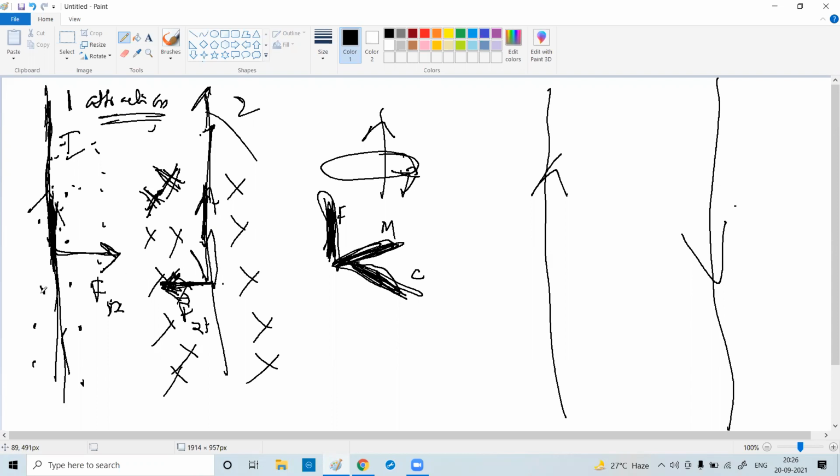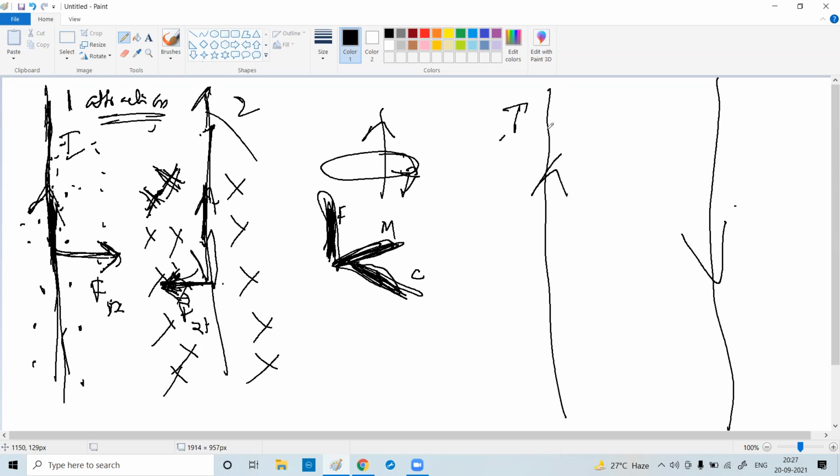The magnetic field is towards you, coming outside the plane. Current is upward, force is this direction. Hence we got attraction. That means if you have two current-carrying wires in the same direction, they will get pulled towards each other. They will touch each other. Did you understand?